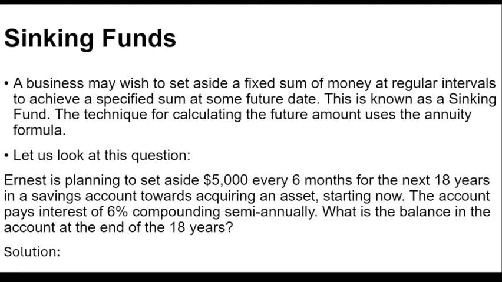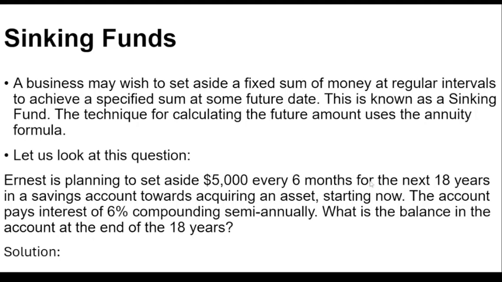So reading this particular question carefully, this 5,000 is to be set aside every 6 months for the next 18 years in a savings account towards acquiring an asset. Since we are setting aside every 6 months, it means at the end of every 6 months.